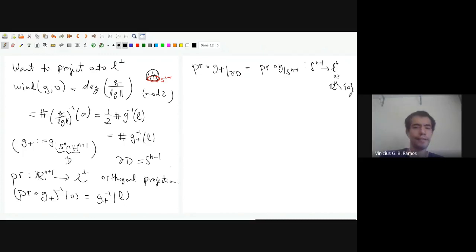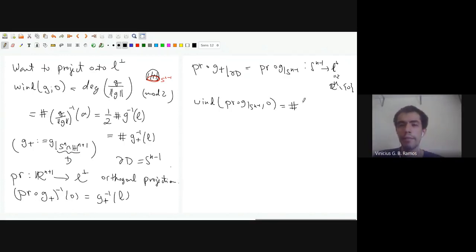We had seen it doesn't hit 0. So it has a winding number. And this winding number, by a proposition from last time, is equal to the number of zeros of this function when you extend it to D.